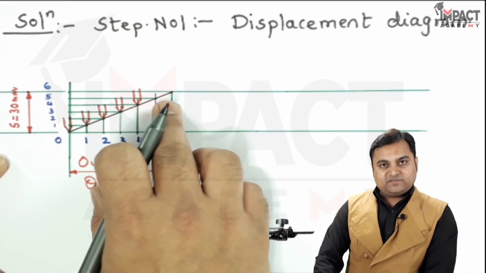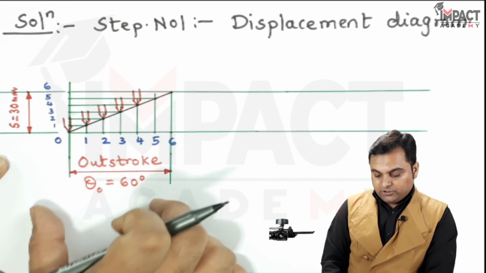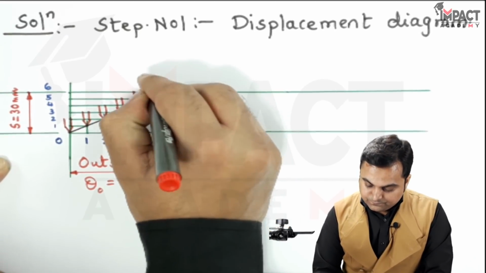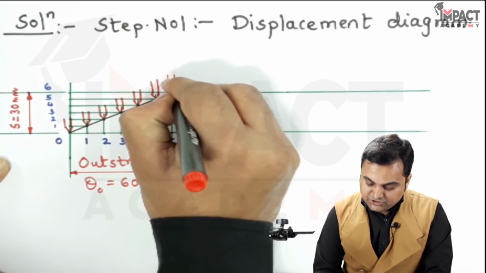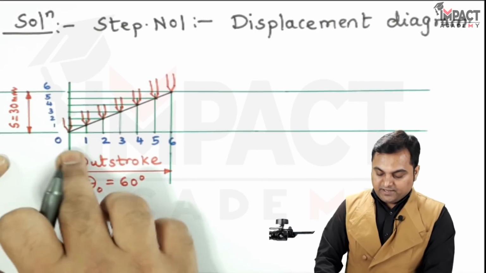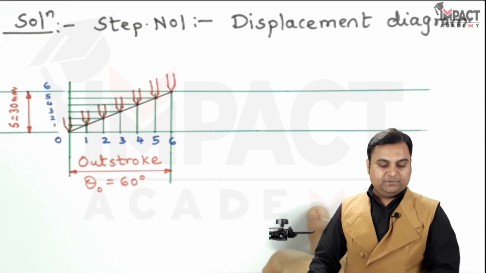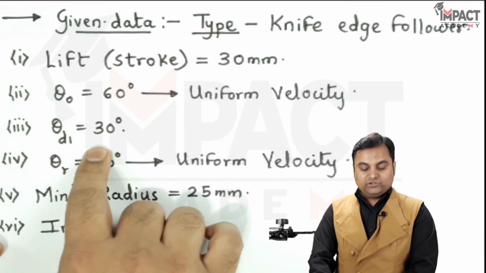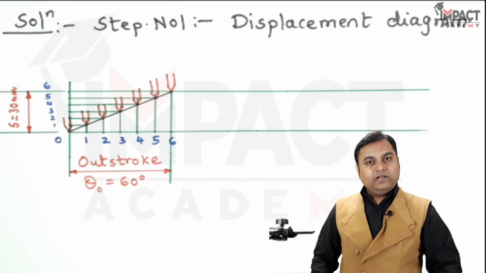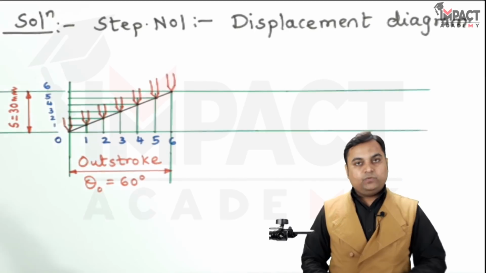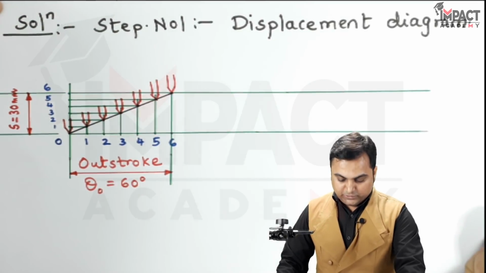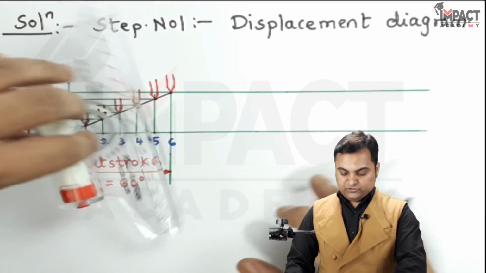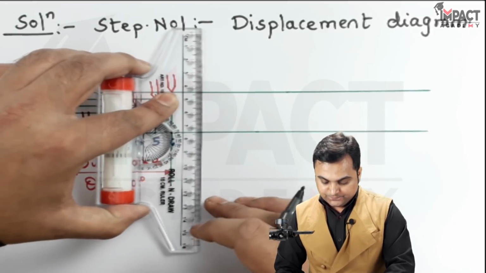This is just to explain how the follower moves up during the out stroke, and it will reach the final height of 30 mm when the out stroke is completed. Then after that there is a dwell for 30 degree, and for the dwell we need not divide it into equal parts, because at the dwell the follower will remain at the same position when the cam rotates.